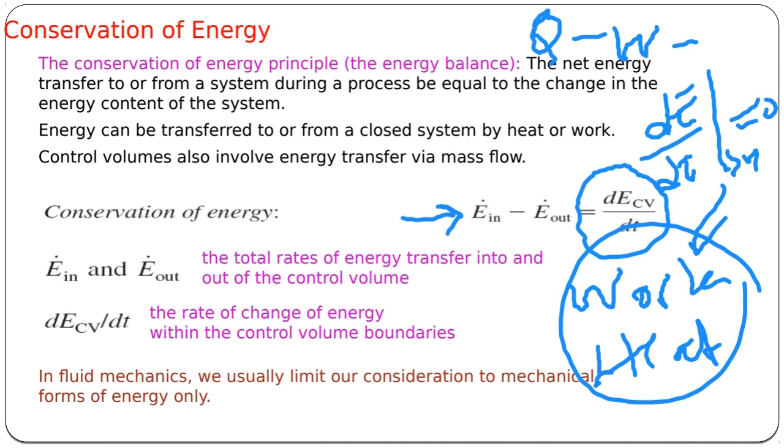So per unit time, you can do it like this. And if it's a steady state situation, this will be zero, otherwise it will be transient. In any case, it looks very much like the conservation of mass. And for the energy transfer in and out of the system, we take only the work transfer to the system, not heat transfer, because this was already done in thermodynamics.